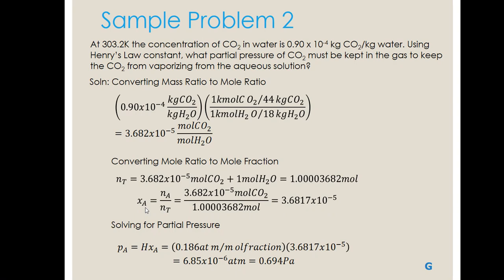Because you need the XA in determining the partial pressure of CO2 above the mixture using Henry's formula. So, all the rest here is substitution because you have placed in here 0.168, and then you have atm per mole fraction, and this would be the corresponding partial pressure above the mixture to keep CO2 from vaporizing.